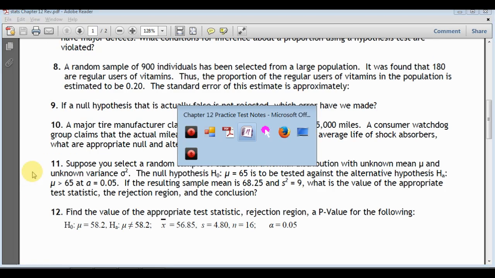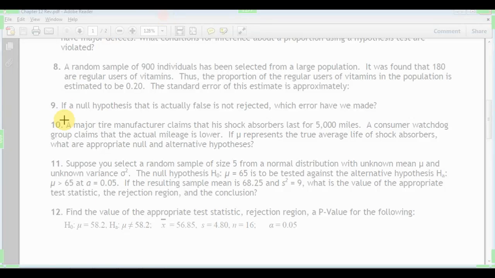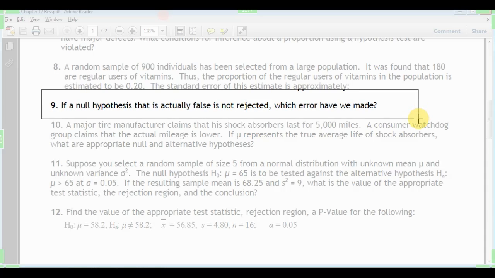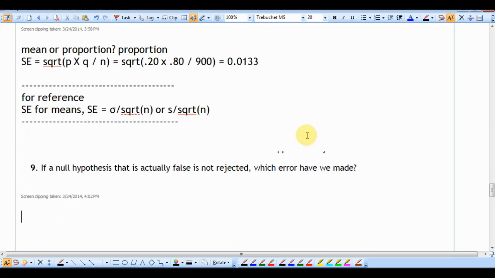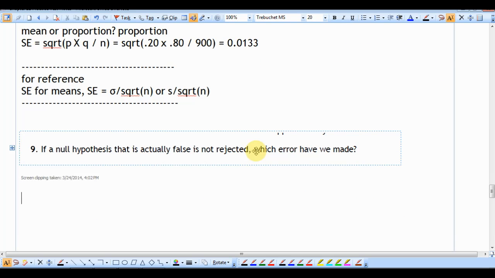Question 9. This is just a definition. Did we reject or fail to reject? Fail to reject. So that's a type 2 error.